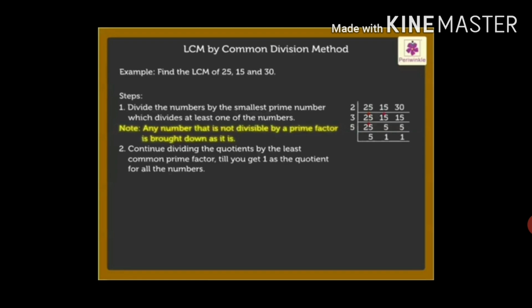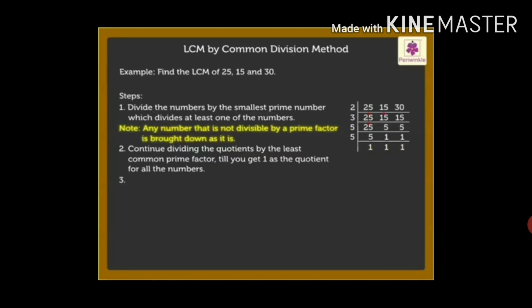Now we have 5 as the dividend. It is a prime number. So, divide 5 by 5, we get 1. Now we have 1 as a quotient for all the numbers.